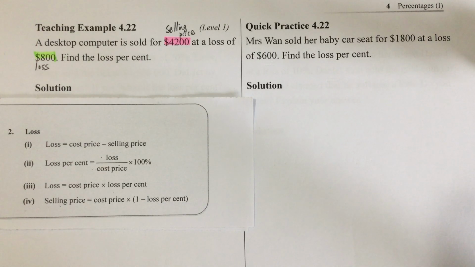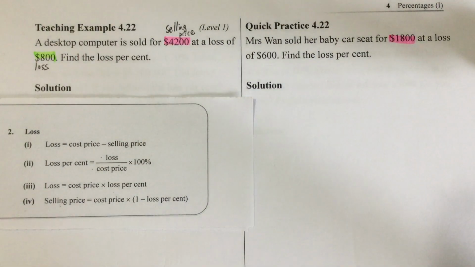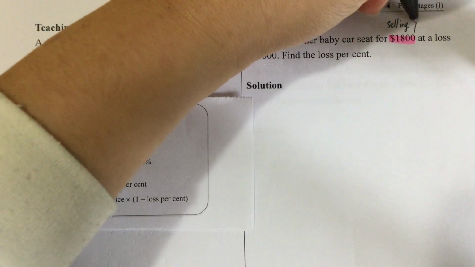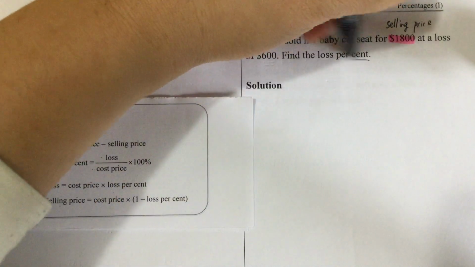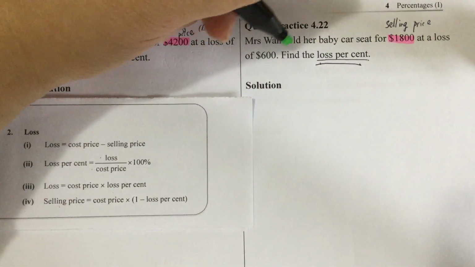Okay, now let's have the hint time. So if you continue your job and you don't need any hint, just pause the video now. Okay, 1,800 here is because you sold the baby seats, so this one is the selling price. And what we're going to find is the loss percent, and 600 is the loss.